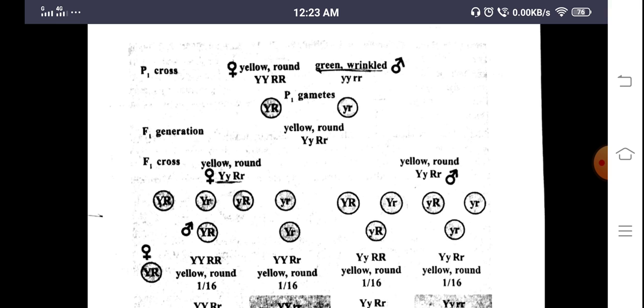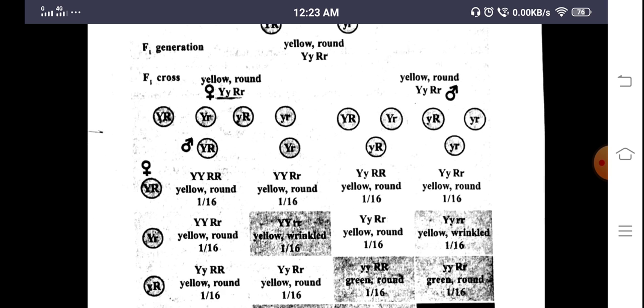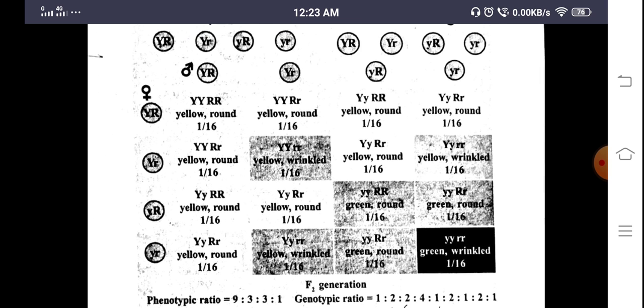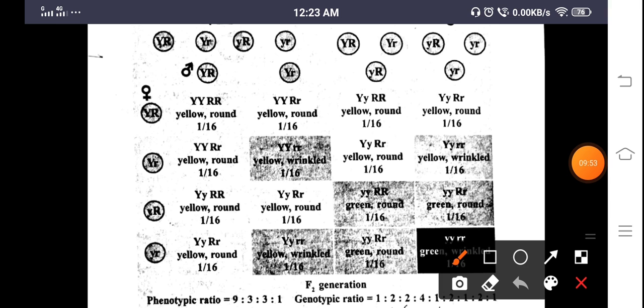So for that we should draw a Punnett box. Now we are drawing the Punnett box.